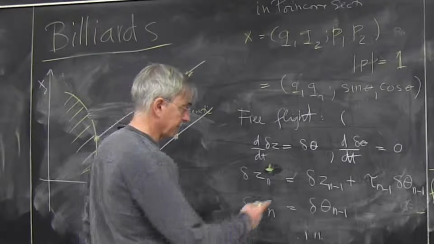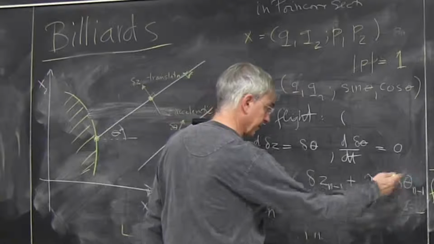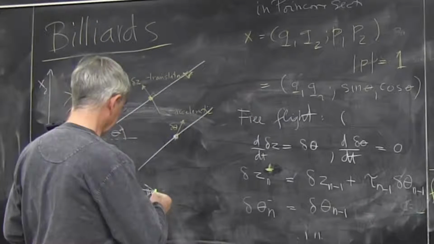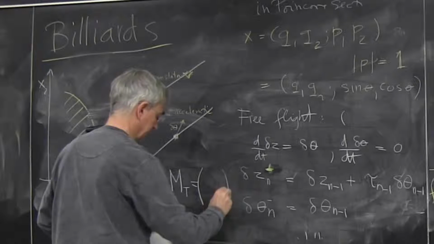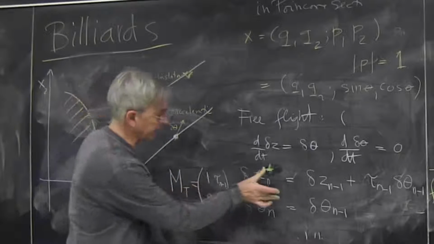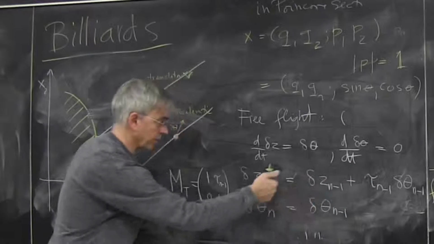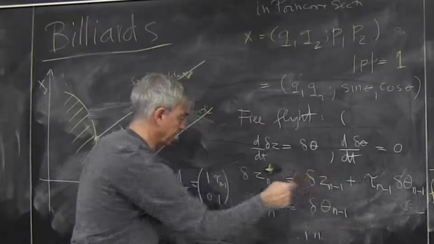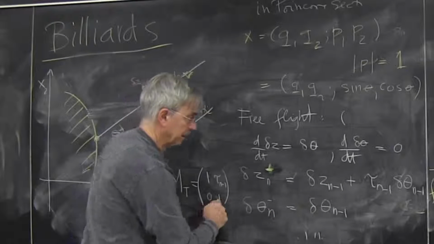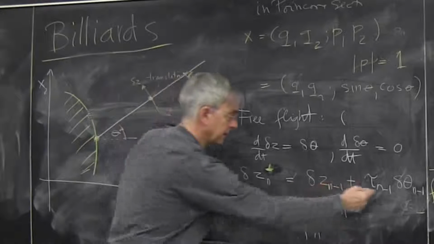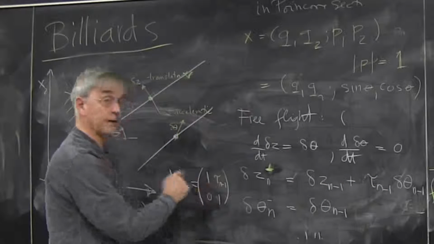So now the Jacobian, this is a linear equation, and the Jacobian associated with the translation is 1, t, 0, 1. So this is the deformation of the neighborhood in a free flight. The Jacobian is just the partial derivatives of this, and this gives me 1. This gives me 1, doesn't depend on z, so I get 0, and here I just get the time of flight.